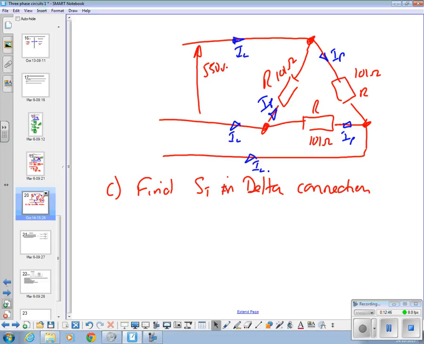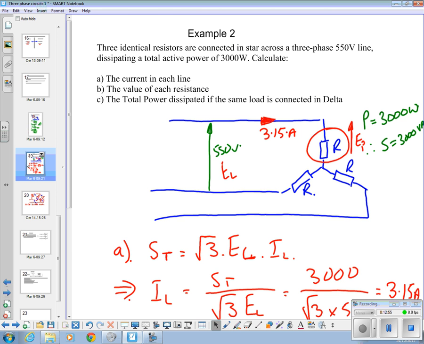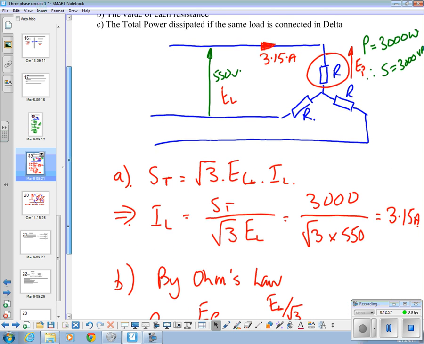Work out E phase, because each resistor in the star system has seen E phase, which is 550 over root 3. What is that value? 317 volts.